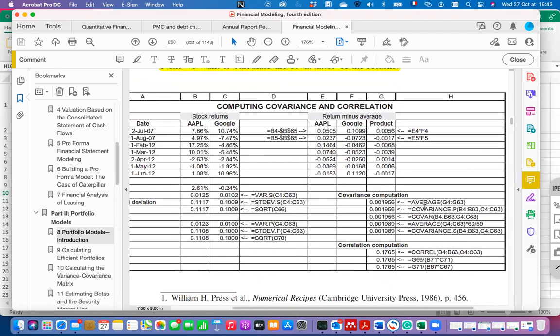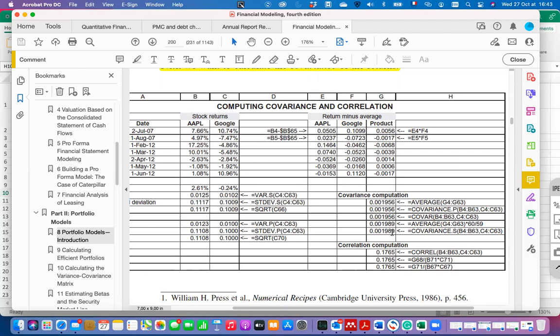For example here, we use the population covariance.p, and we have a covariance of 0.001956. Now when we use the covariance for sample for the same data, we get 0.001989. See? Which is different.